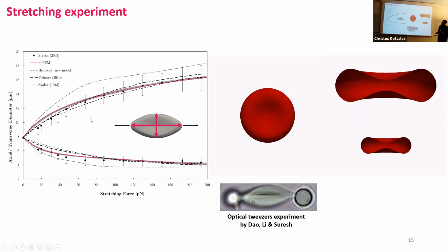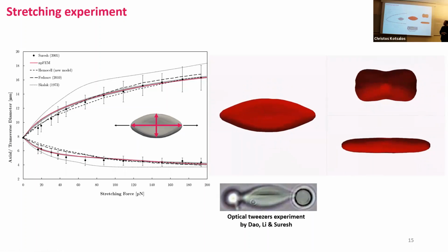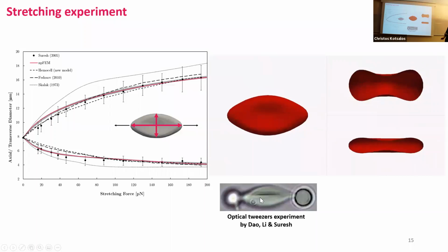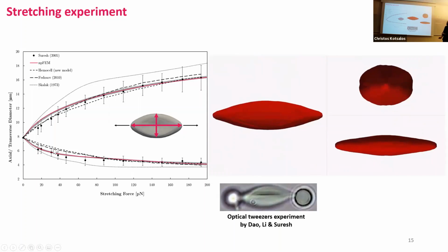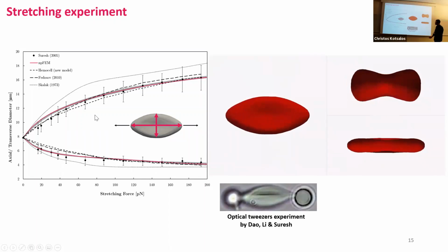Of course, we want to validate our solver and compare it with actual experiments from the lab. So let's see here how our solver solves the deformation. And also here you can see that I have an actual experiment, just to see that we are visually very close. Of course, we have the validation using the actual data from the experiments.